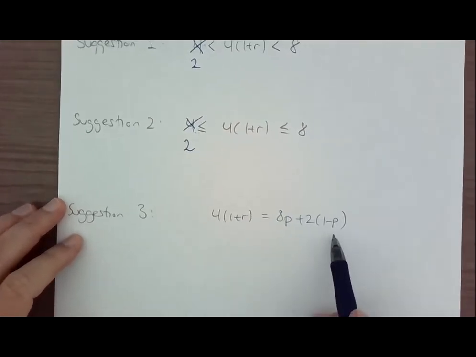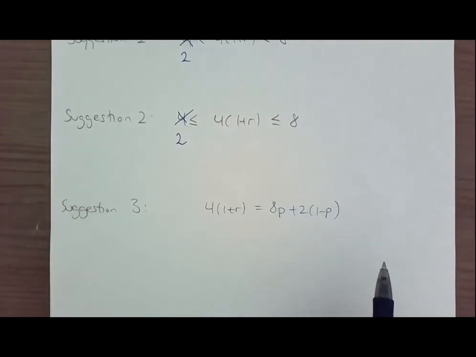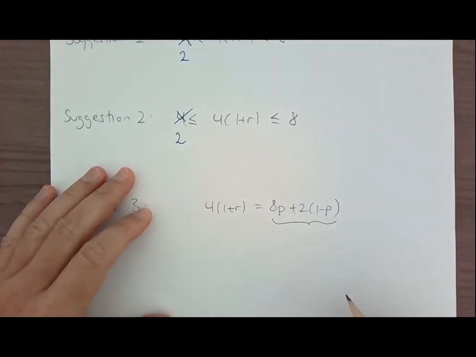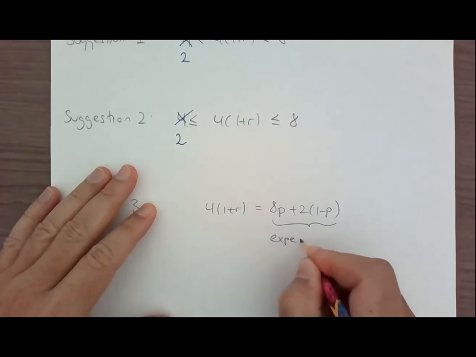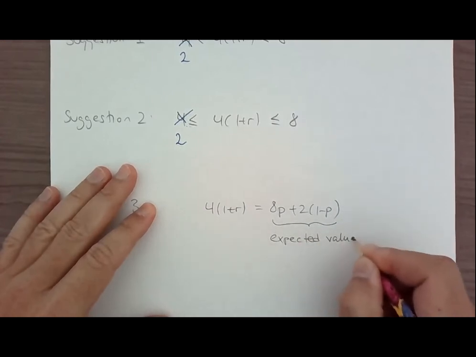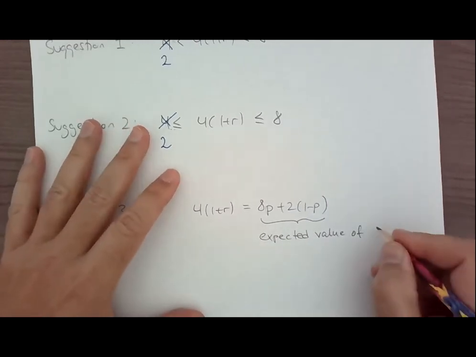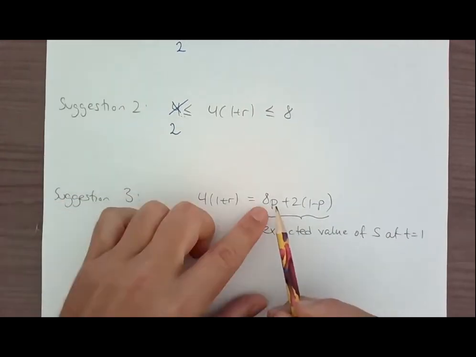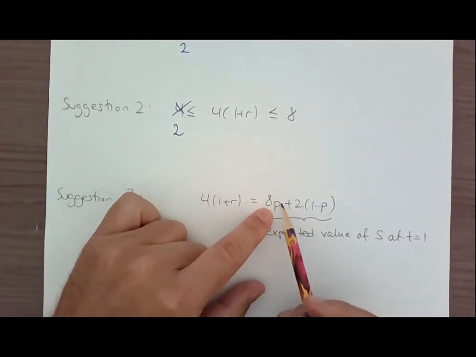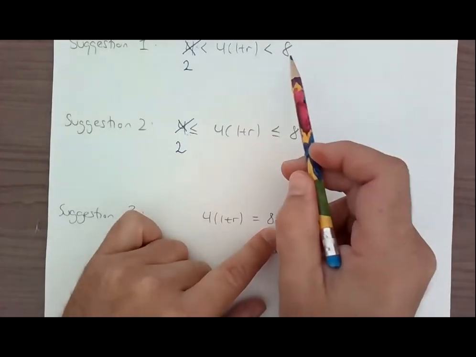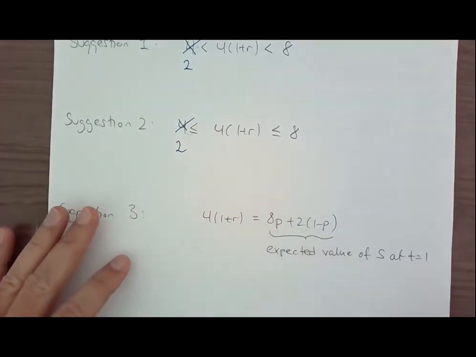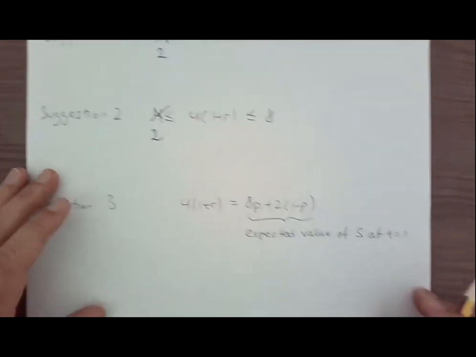And then we have the other one that involves a p. I can see why this is tempting. It is tempting to put a p there, because what you have here on the right-hand side is the expected value of S at time 1. The probability of going up is p, and the value you get when you go up is exactly 8, and the probability of going down is 1 minus p, and the value of going down is exactly 2.